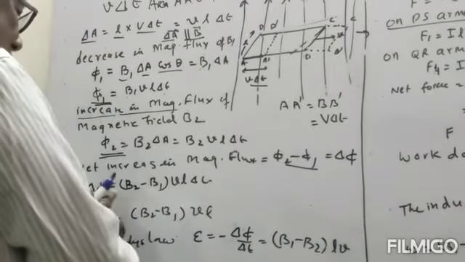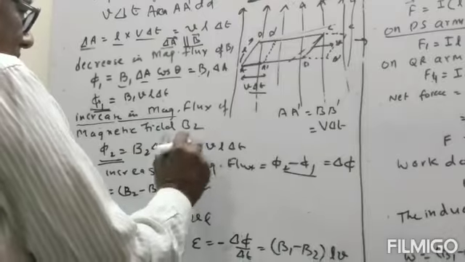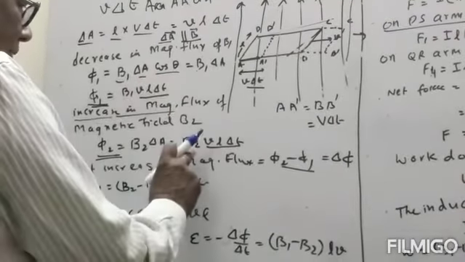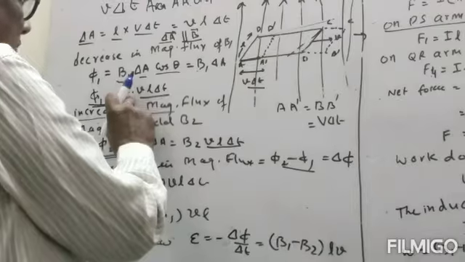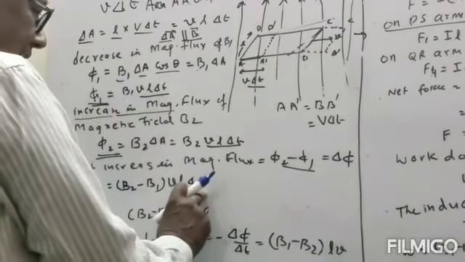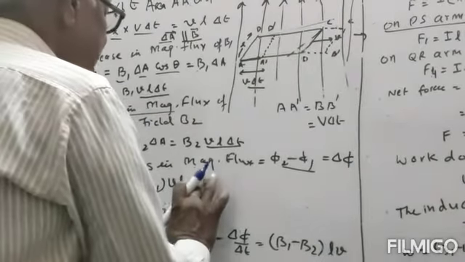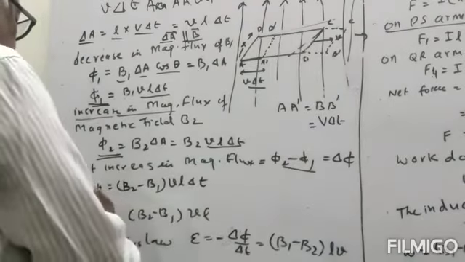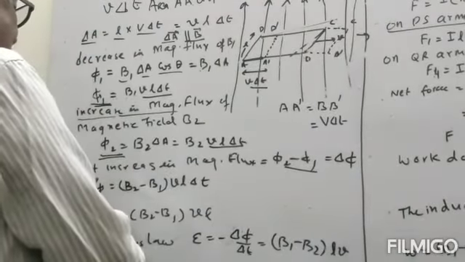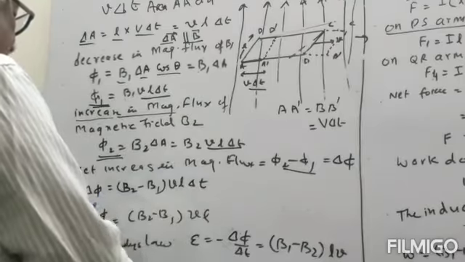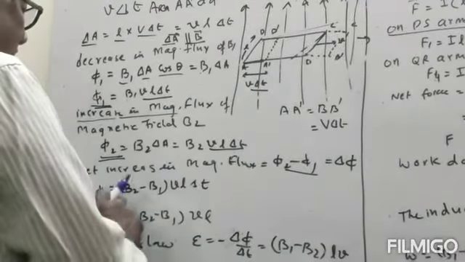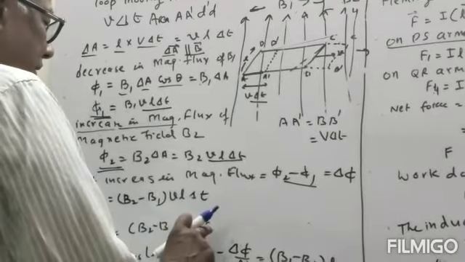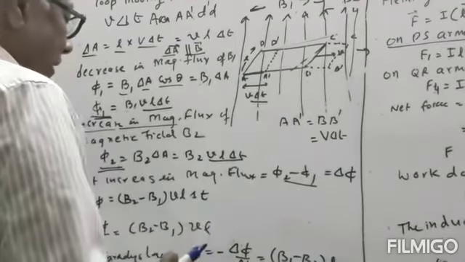Subtracting, v L delta t is common, so it equals B2 minus B1 into v L delta t. So delta phi by delta t will be equal to B2 minus B1 into v into L.